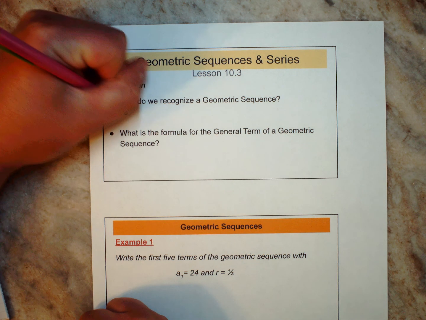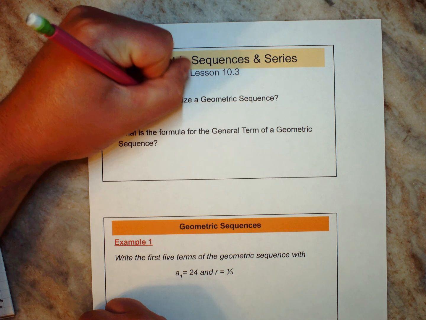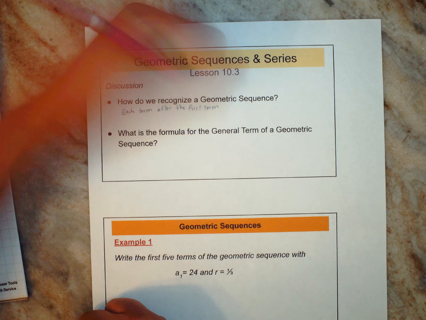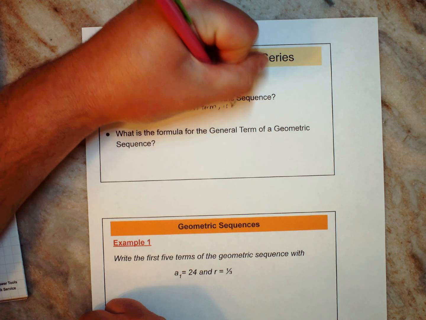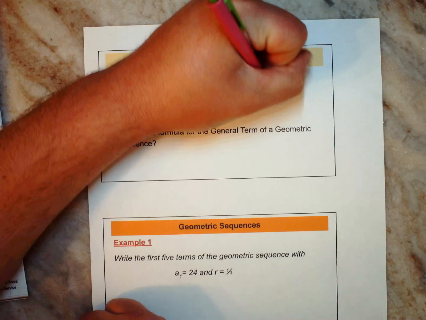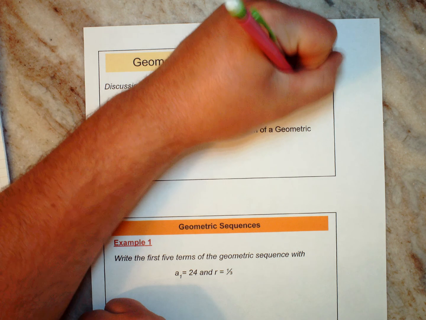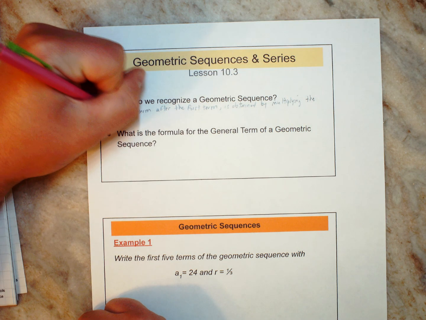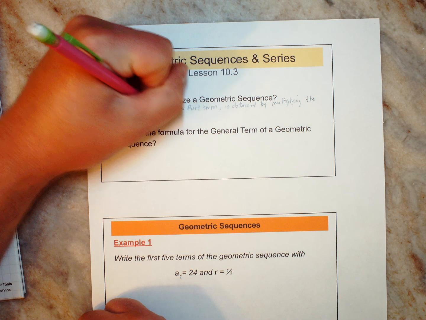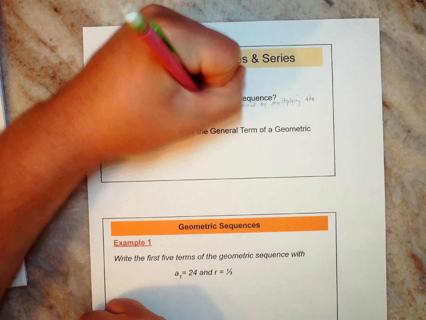So a geometric sequence is when each term after the first term is obtained by multiplying the preceding term by a constant amount.